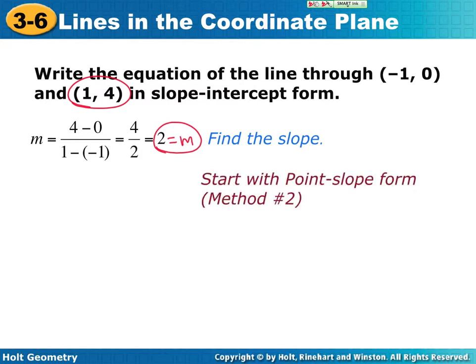So start with point-slope. Fill in what you just found. Then convert it into slope-intercept. If someone uses the other point, then we can check and see if it makes any difference which one you use.